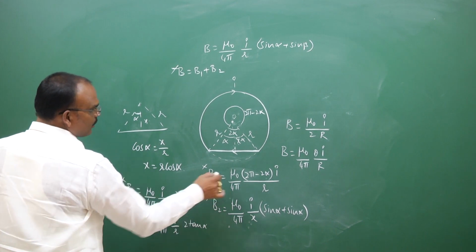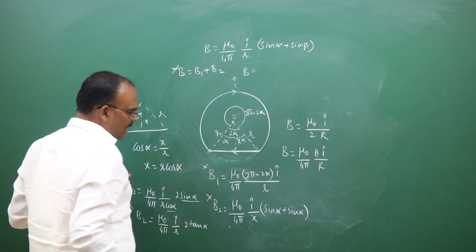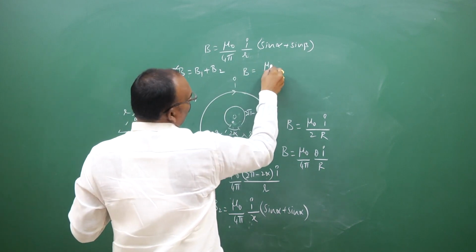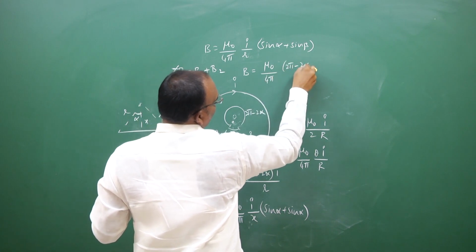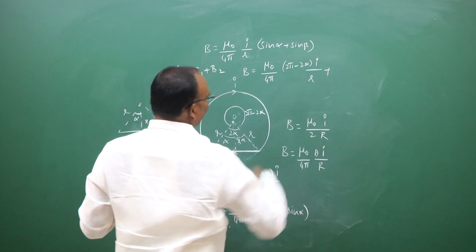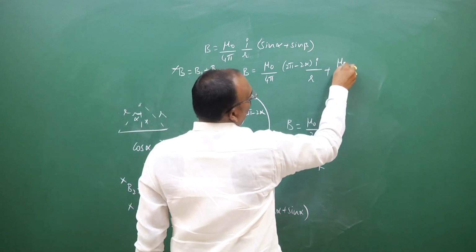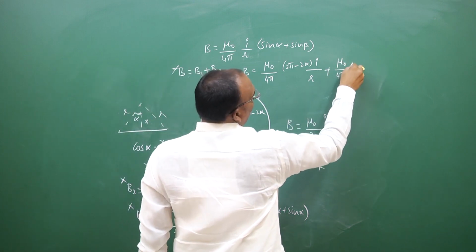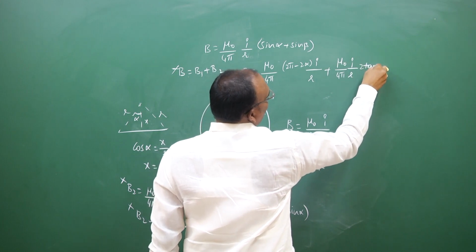We should add these two to get resultant magnetic field. So resultant magnetic field B is mu naught by 4 pi, 2 pi minus 2 alpha, I by R plus mu naught by 4 pi I by R into 2 tan alpha.